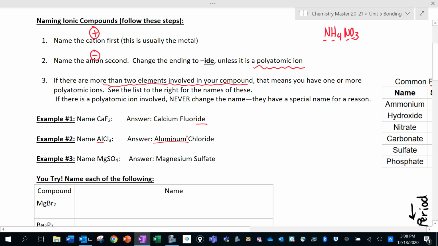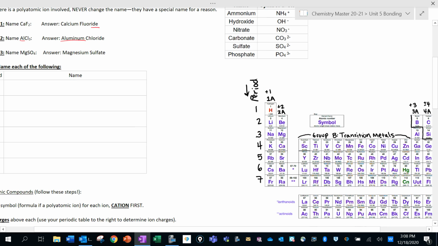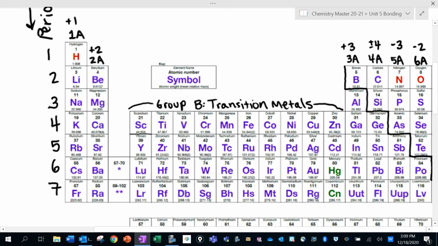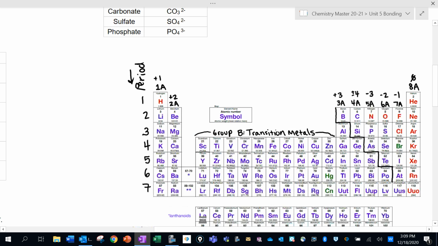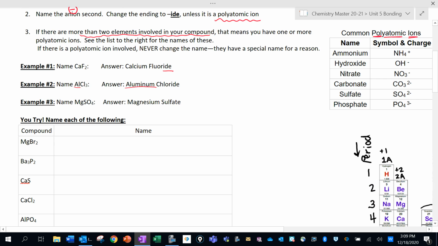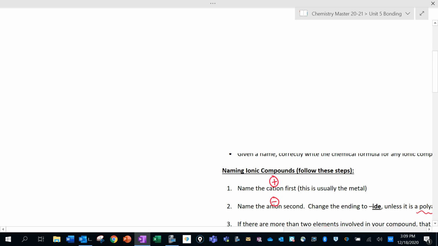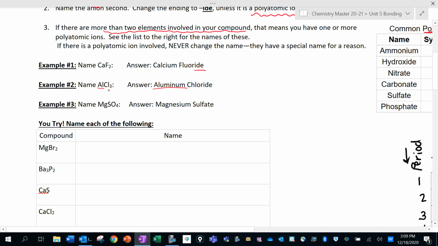And if you're not sure about your element names, just look on your periodic table. Have a periodic table handy where you can look up the names of these elements. Hopefully you're doing them enough where you'll start to just memorize some of them. So Al is aluminum, Cl is chlorine, but I'm going to change the ending to chloride. So that's aluminum chloride.